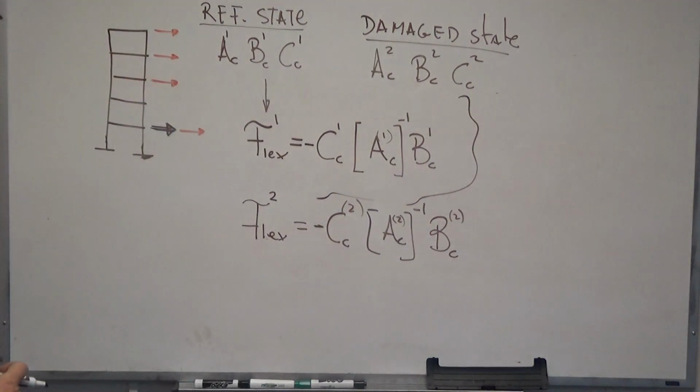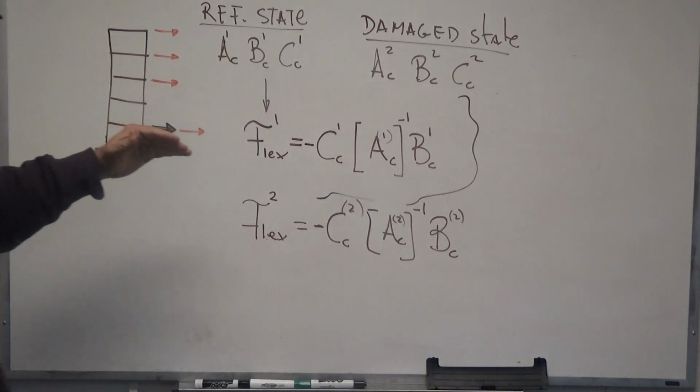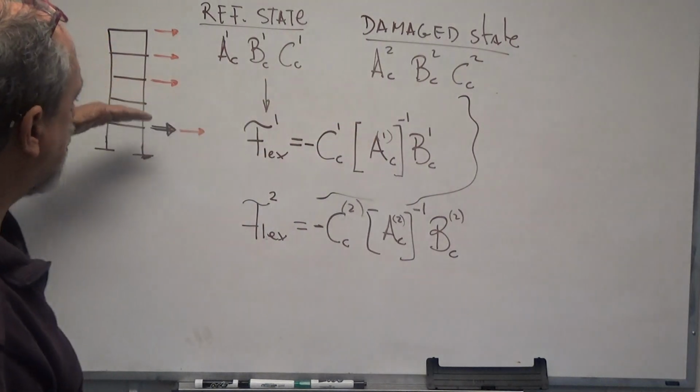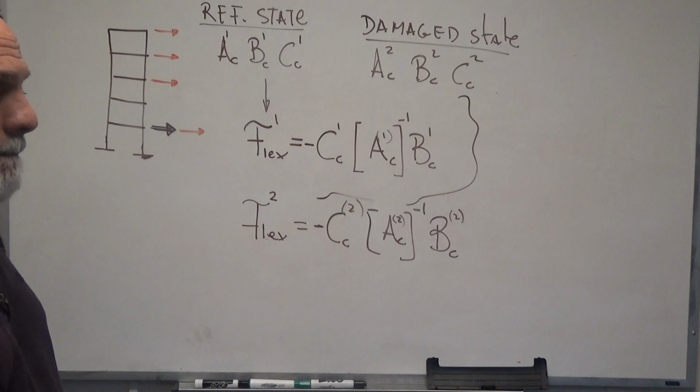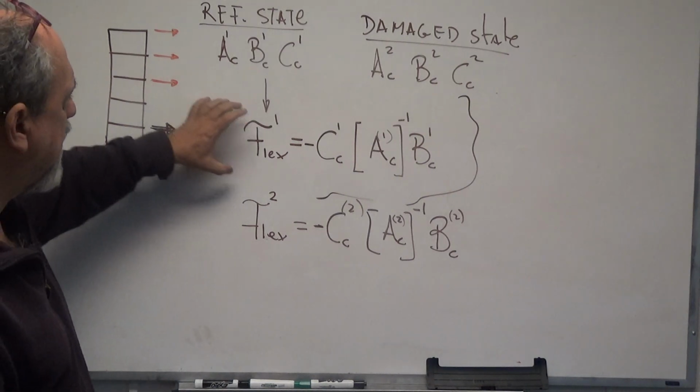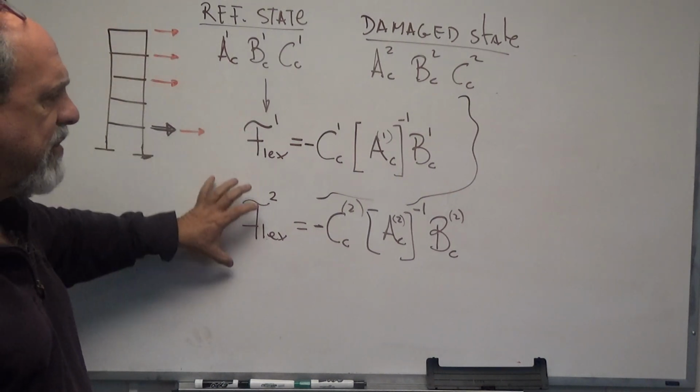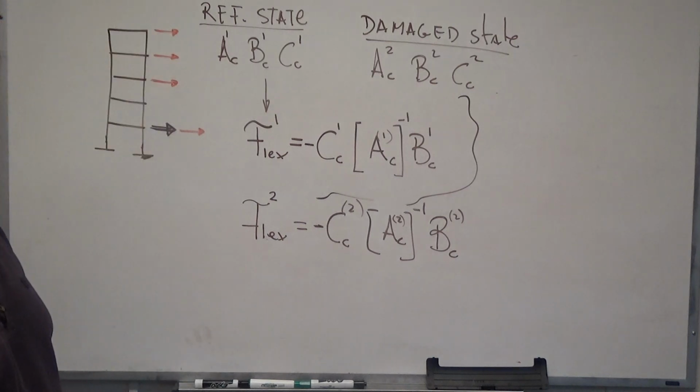So at this point, we have been able to calculate the flexibility matrix of the structure at the location of the sensors from the vibration data. And we have the flexibility matrix before the damage, and we have the flexibility matrix after the damage.